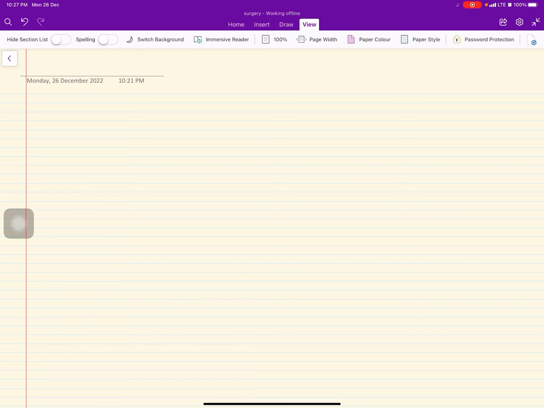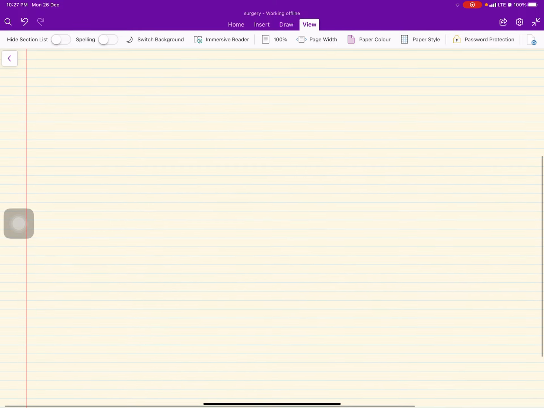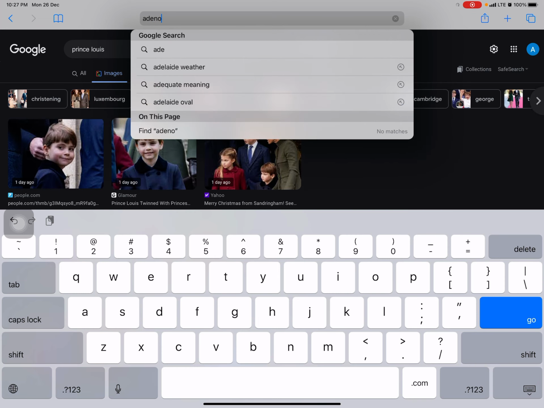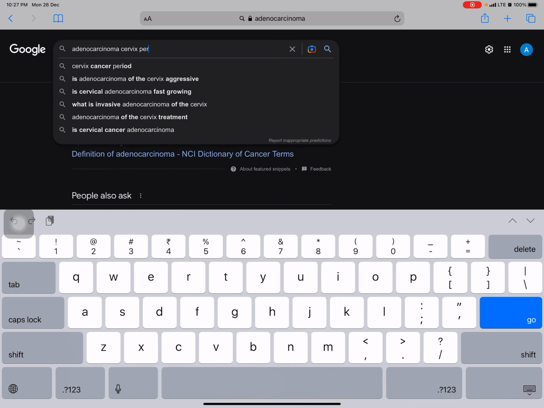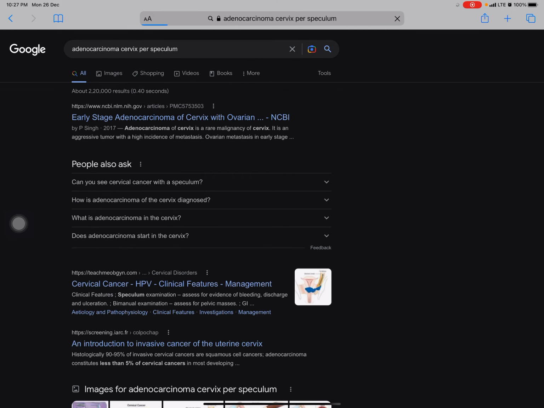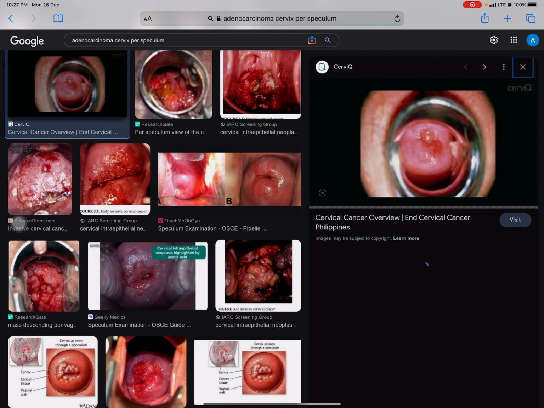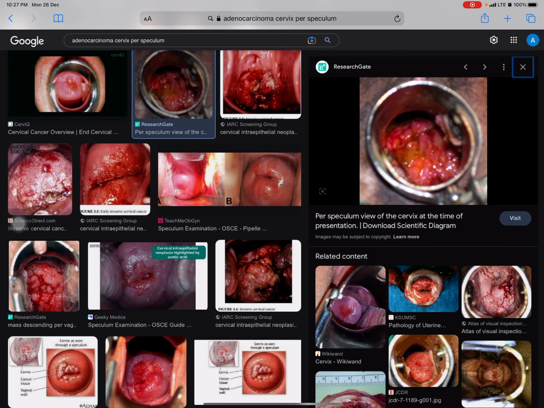Okay. So what is abnormally looking? Abnormally looking means we suspect barrel-shaped cervix. We have an indurated cervix or a firm cervix. Let's see if we have an image. Adenocarcinoma cervix. Cervix in per speculum.